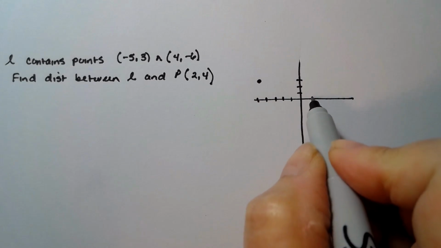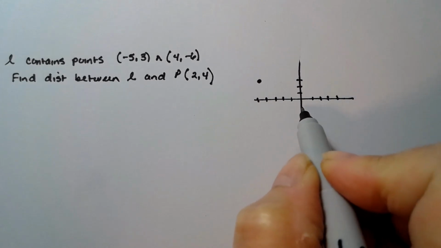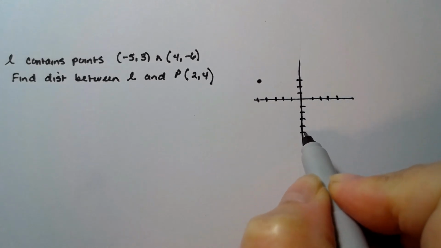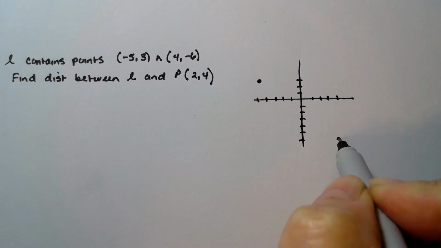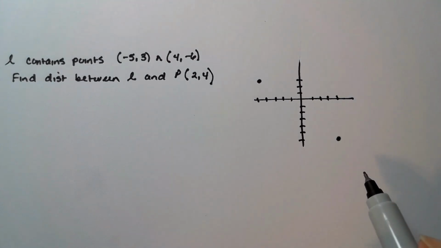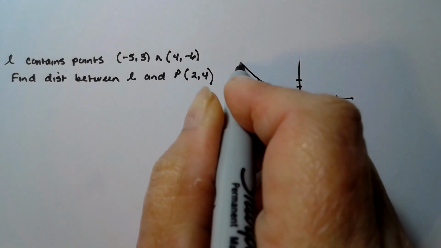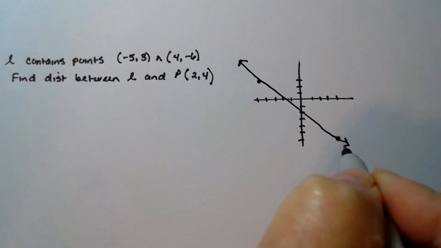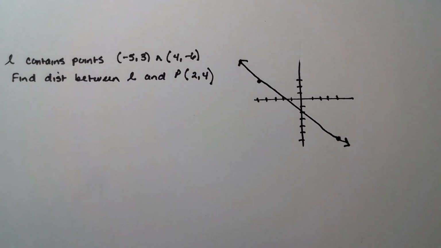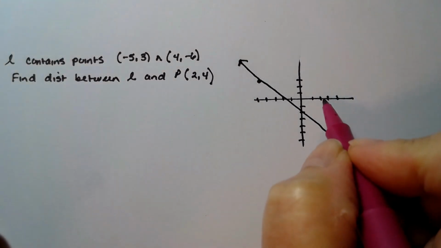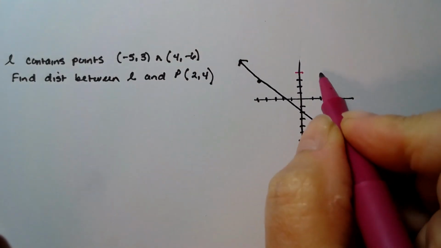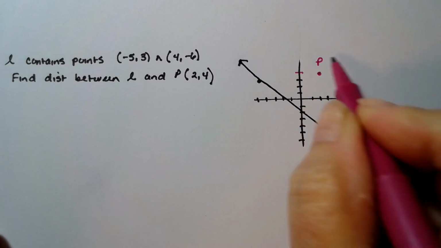And if I go over 4 in the x direction and then down 6, I have the other point, 4, -6. And I can connect these 2 points like so. Now the point that's not on the line is at 2, 4. So right about here is my point P.